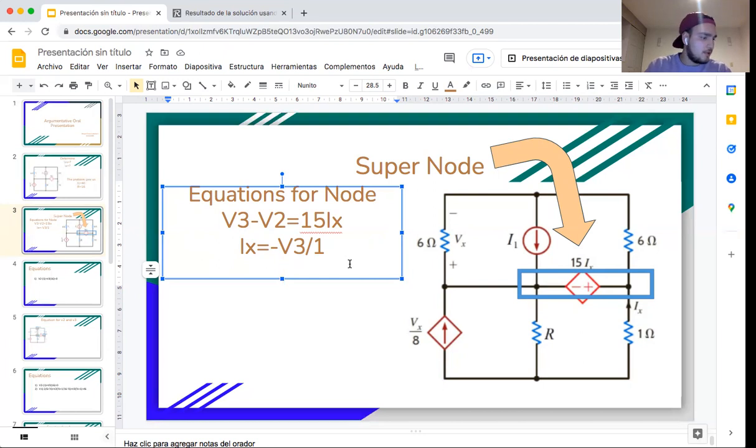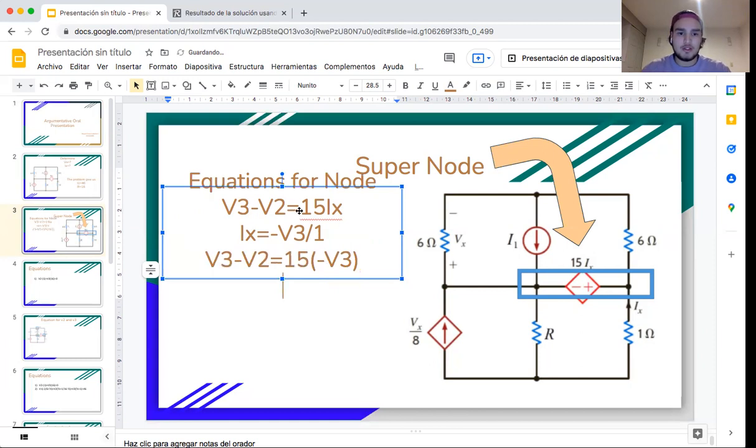So we simplify it by having V3 minus V2 equals 15 times minus V3. This is like putting together the two equations that are these two, because the points of the nodes here are V2 and here is V3.